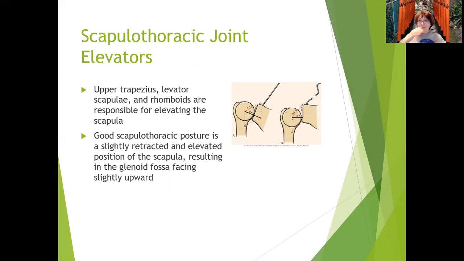We have a functional electrical stim bike at the clinic where I work, and when you're using it for upper extremity, you actually stim those muscles to get the scapular retraction so the arm can move in the right position. And it's really important that you get that done, so you have good quality movement in your glenohumeral joint and you're not damaging the joint.